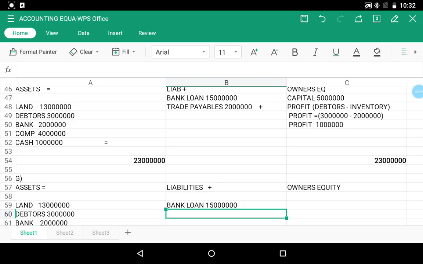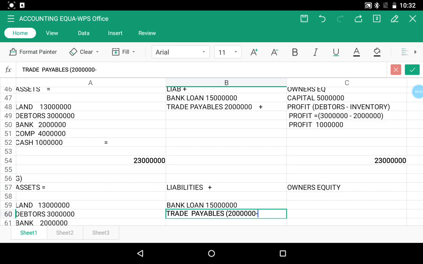They have told us that they cleared some. That means under trade payables, we shall get 2 million.